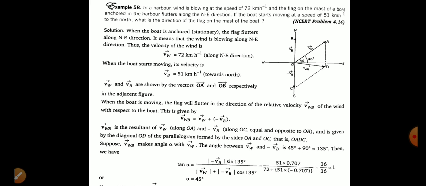Now example 58. This question deals with fluttering of a flag. Fluttering of flags takes place in the direction of wind.